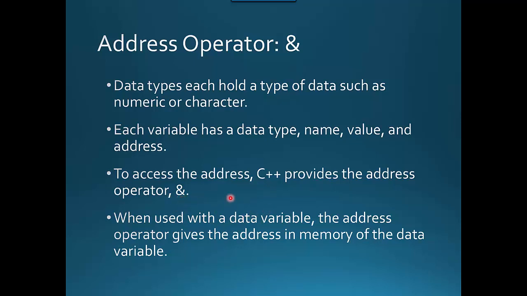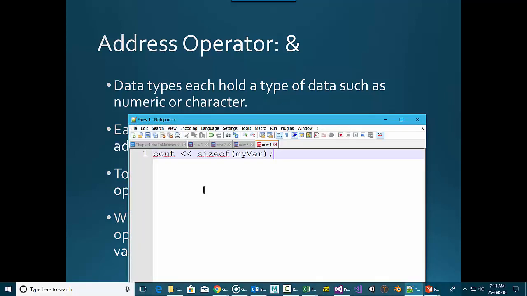What that does is it returns the actual address of the variable itself. And if we were to do something like this, that would output the hexadecimal address of myvar to the screen.